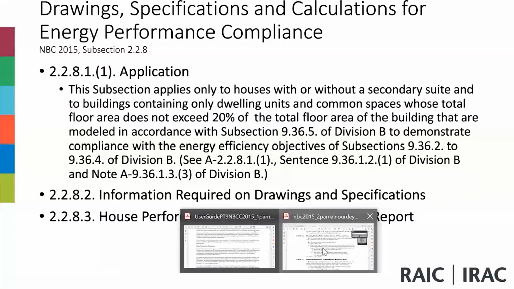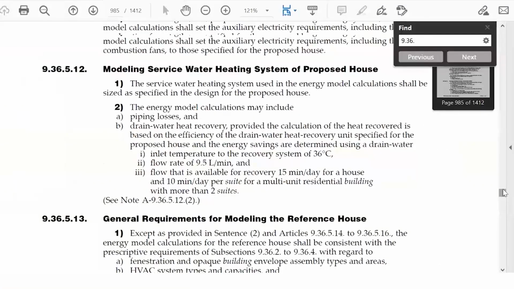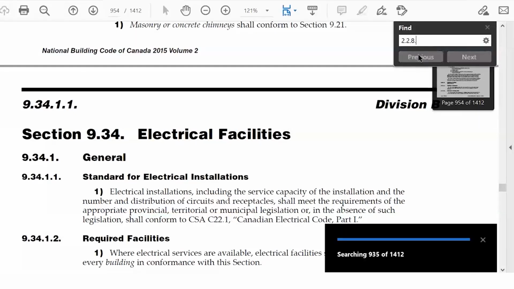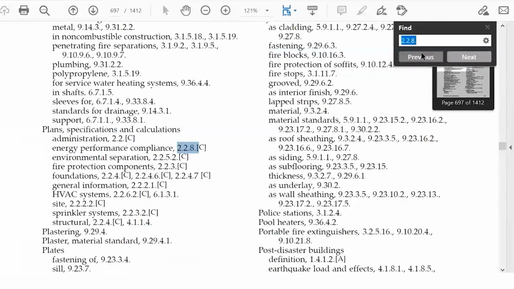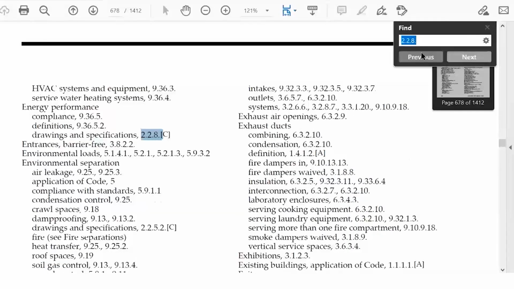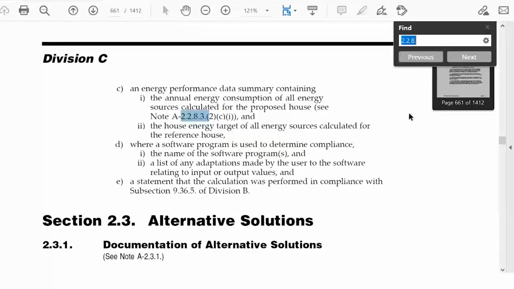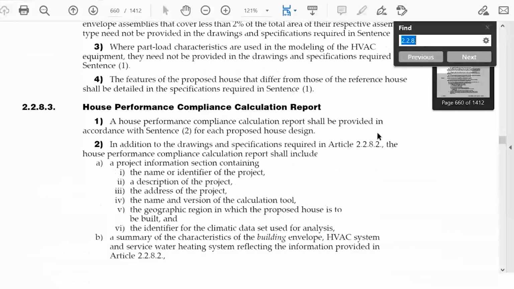So let's go to 2. Is that 2.2.8? There we are.